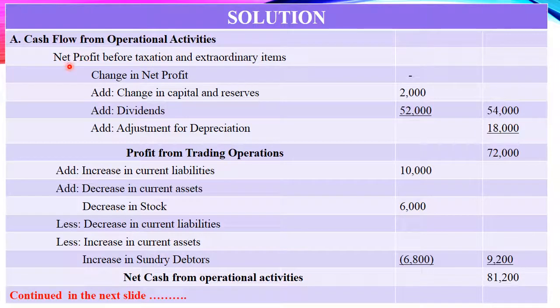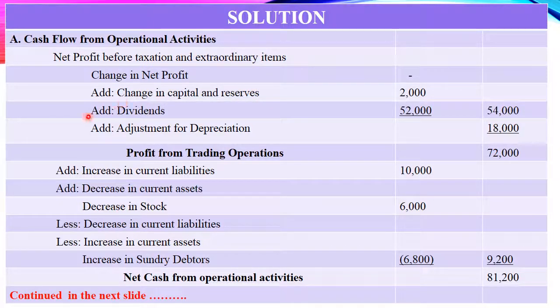We start with the net profit before taxation and extraordinary items. So if you look at our items as provided in the statement of financial position, we don't have a net profit, and that's why I've put here a negative. But we have been given the capital and reserves, and if you look at them, there is a change and there is an increase of 2,000, and that's why I added it here.